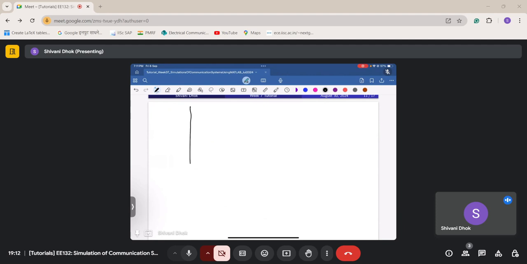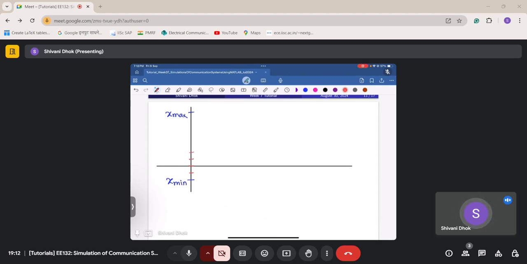Let's say we have a signal with some value x min and some value x max. And what is told to us is we want to quantize it with a step size delta. So let's say we have something like this.